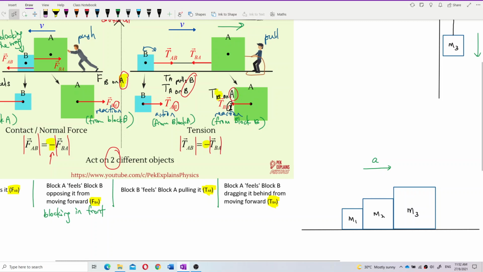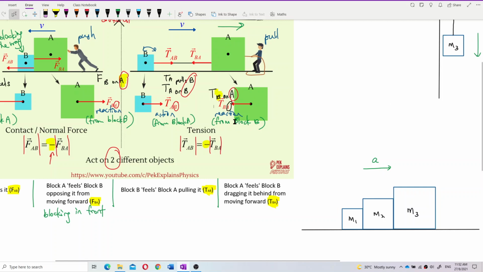A, who feels the dragging force. The letter behind is always the one who experiences. So block A feels block B is dragging behind. Block A is feeling this reaction force from block B, which is TBA. Without block B, A can move forward much easier.